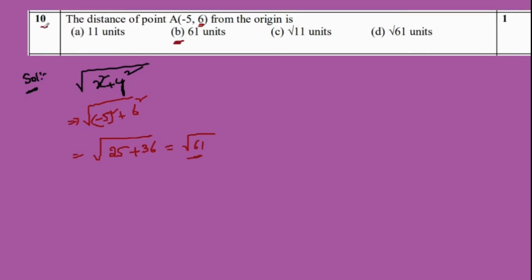We have one more method to solve the 10th question, point A (minus 5, 6) from the origin. We will take the origin as (0, 0) and we will use the distance between two points. We know the distance between two points is given by root over (x2 minus x1) whole square plus (y2 minus y1) whole square.